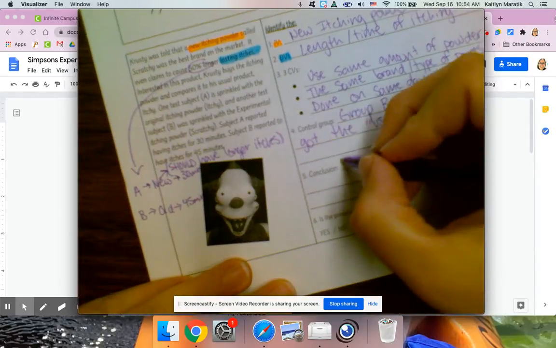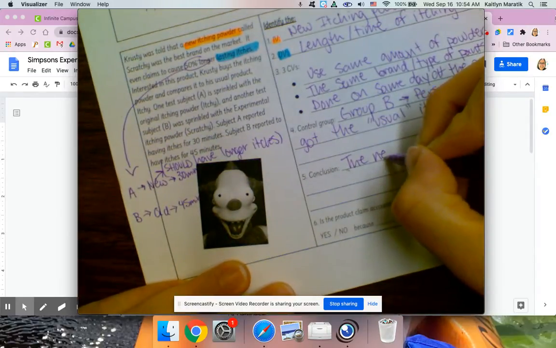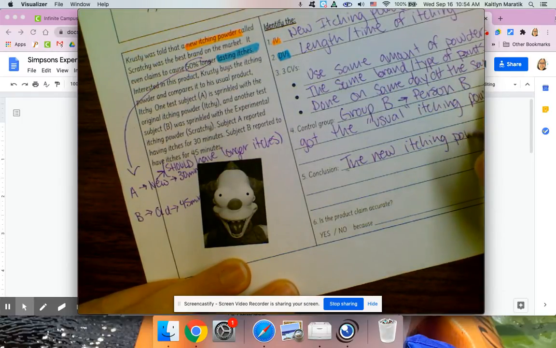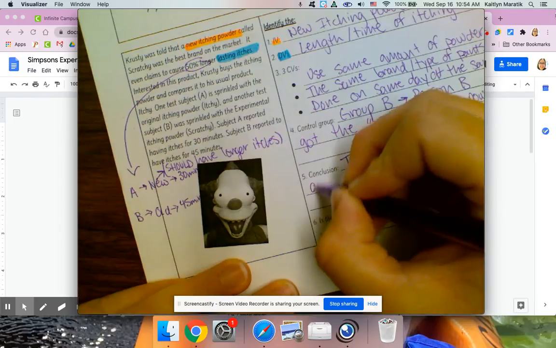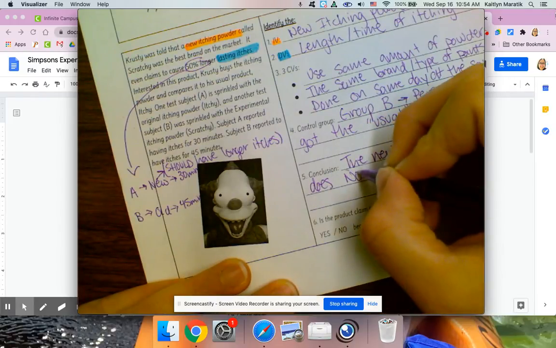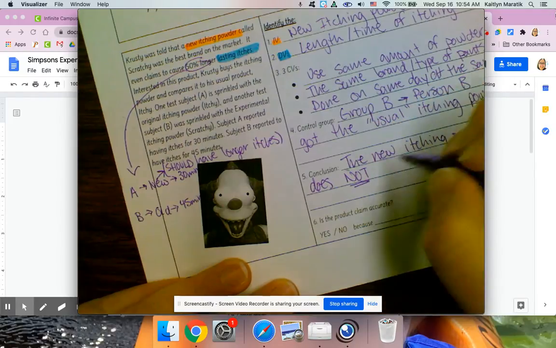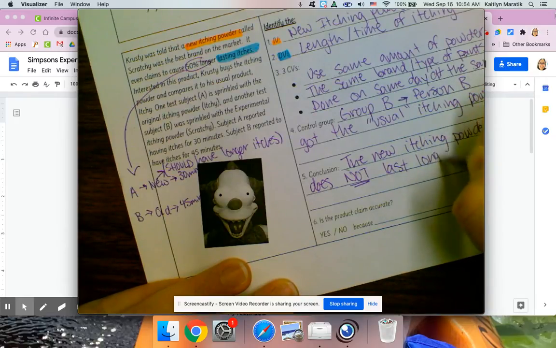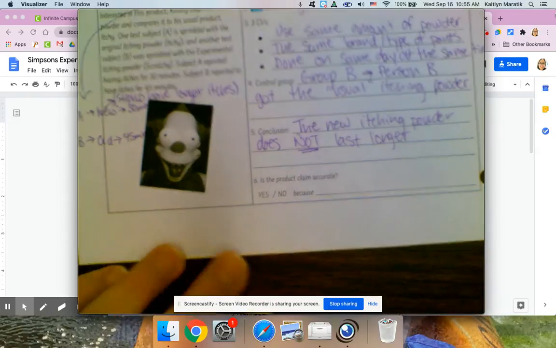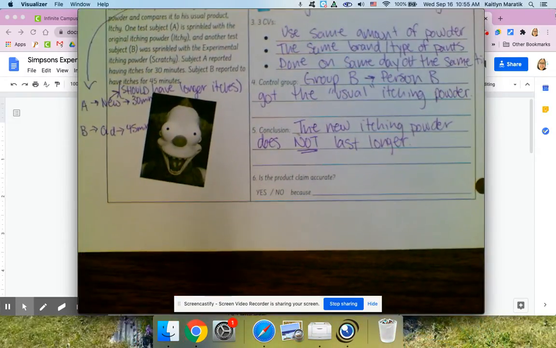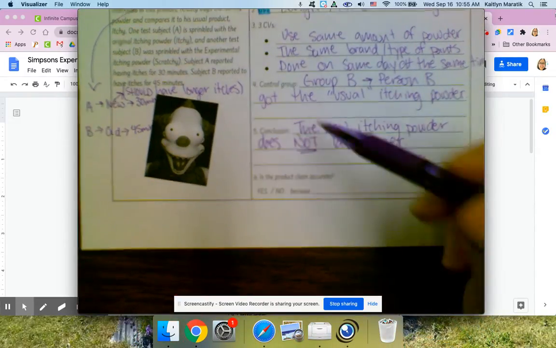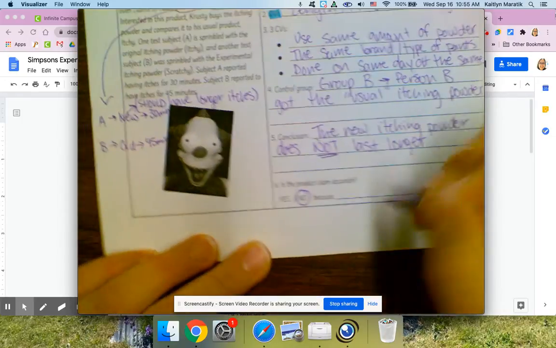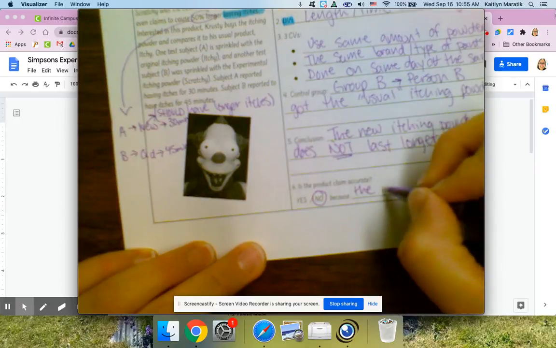So, conclusion, the new itching powder does not last longer. Group B had itches that lasted longer, about 50% longer, but it's not quite. So, is the claim or product accurate? No, because the itches didn't last longer.